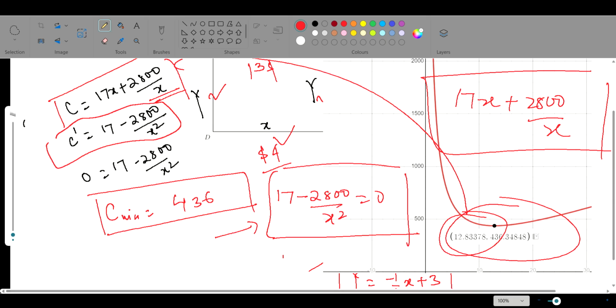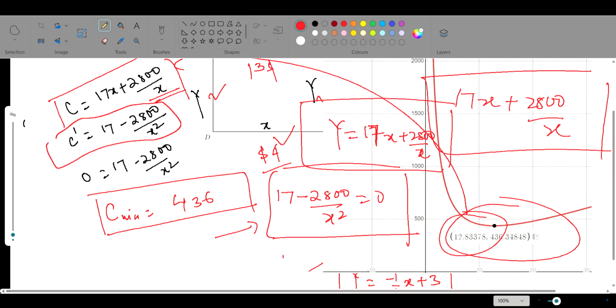This is one method. The other method could be to draw the graph like this one. You can directly go to the graph section of your calculator and draw 17x plus 2800 upon x. But you need to increase the size of your window by changing the settings, because it's a big number. So the setting, you need to change it with big x values and y values.